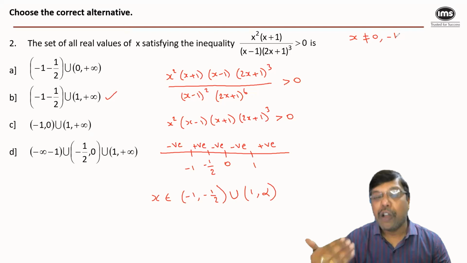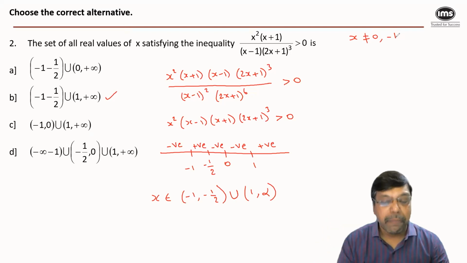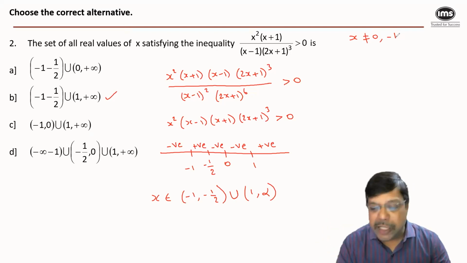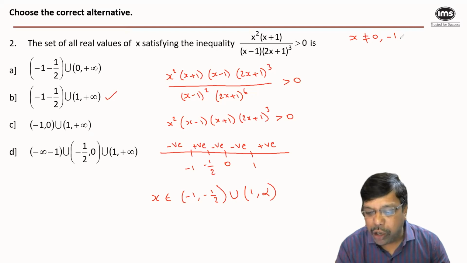At the same time, for the expression to be valid, the denominator cannot be 0, which means x cannot be 1 and x cannot be minus 1 by 2.